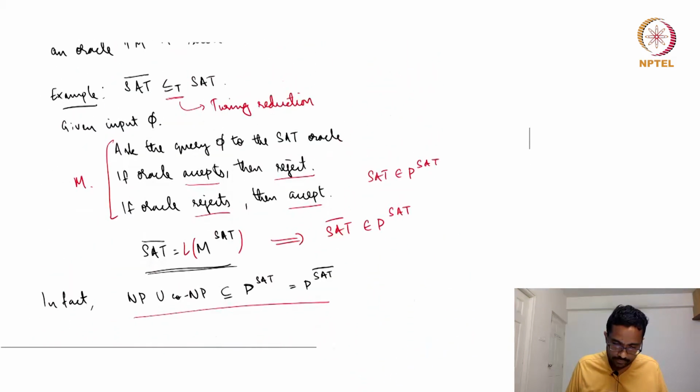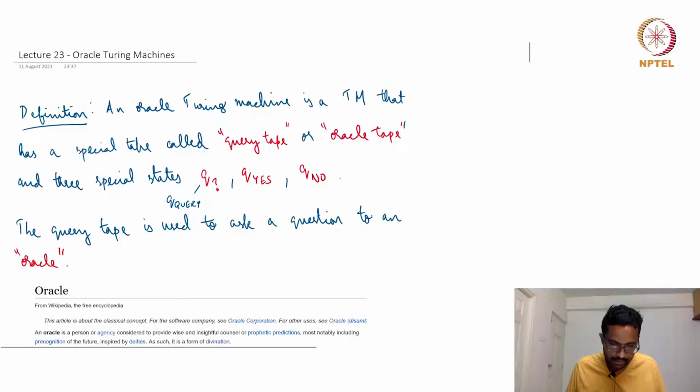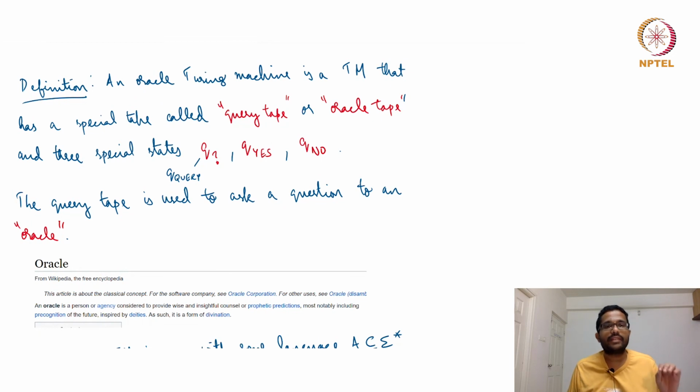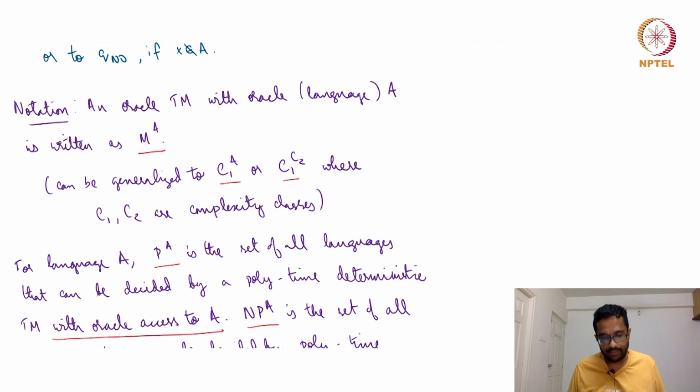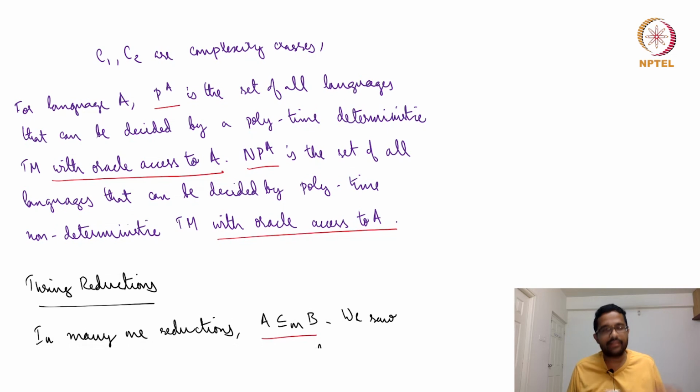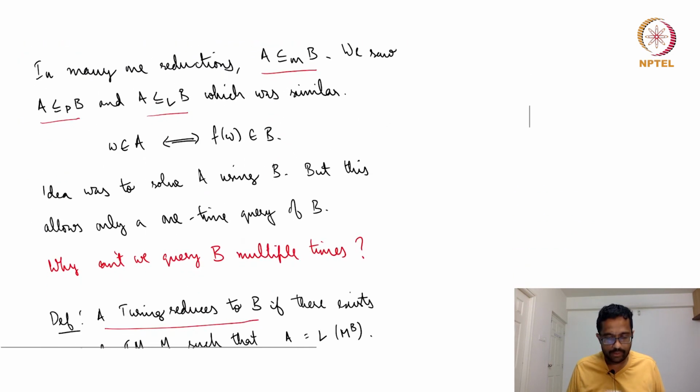And that's what I want to say in this mini lecture. I defined the oracle Turing machine, which is a special type of Turing machine which allows us to ask an oracle some queries. I defined M superscript A as a machine M with access to an oracle A, and P superscript A as the complexity class of machines in P with access to an oracle A. Likewise, NP superscript A. We defined Turing reductions, where instead of reducing to that language, you can have oracle access to that language.